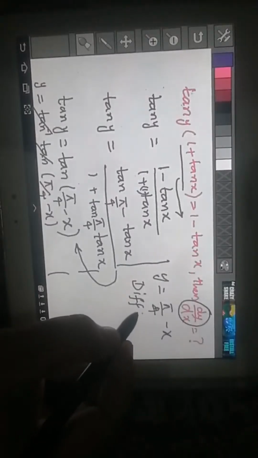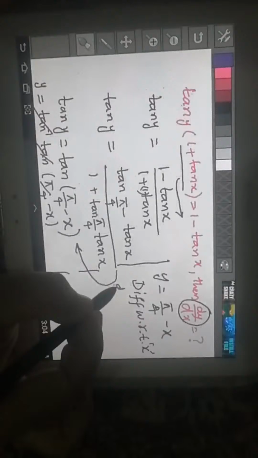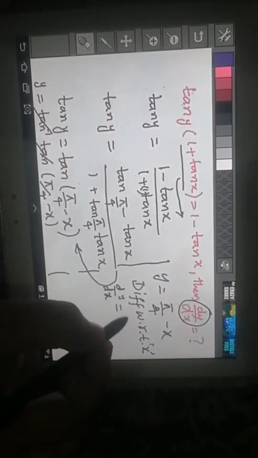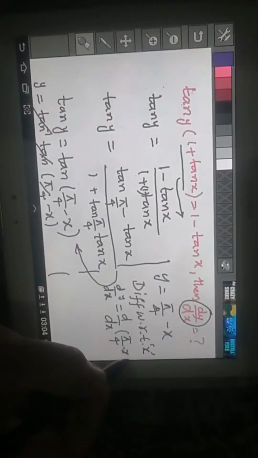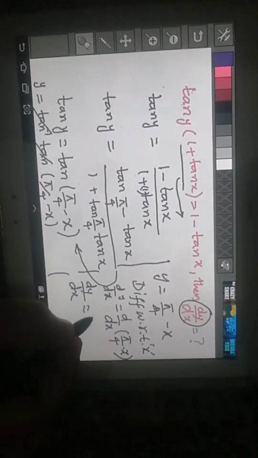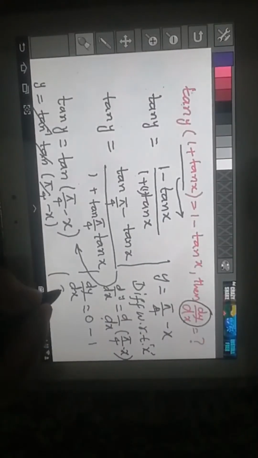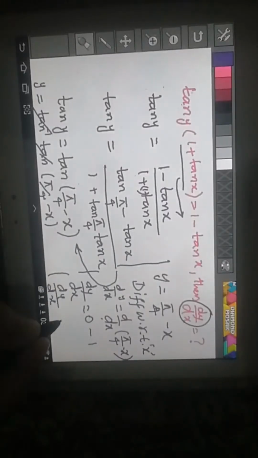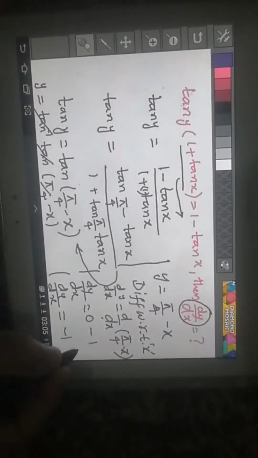So differentiate with respect to x. What does that give us? d by dx of y, d by dx of pi by 4 minus x. So dy by dx will be: pi by 4 is constant, its derivative is 0. The derivative of x with respect to x is 1. So dy by dx in the case of this given function is minus 1.